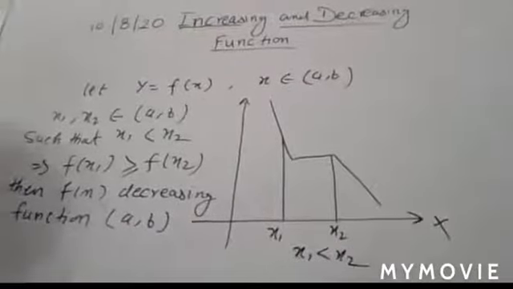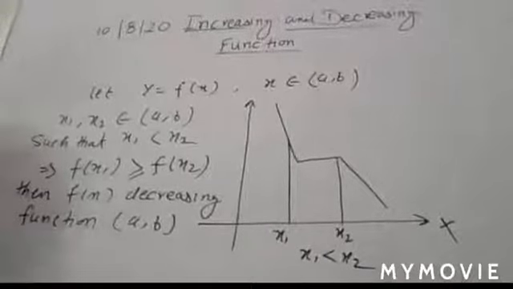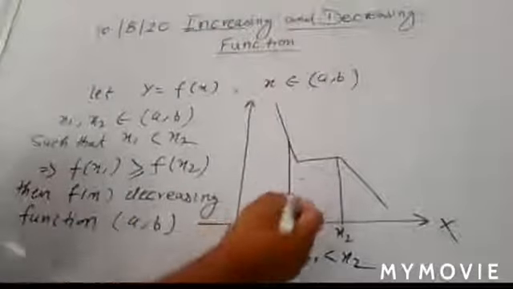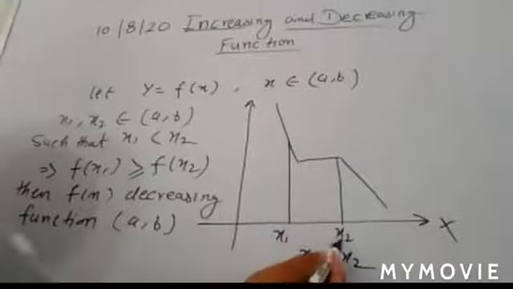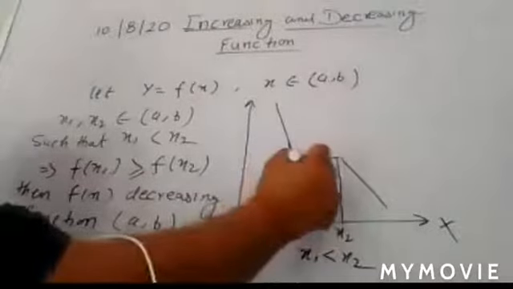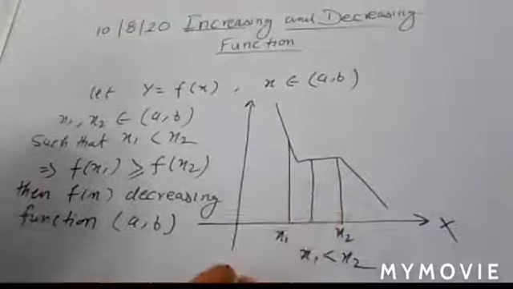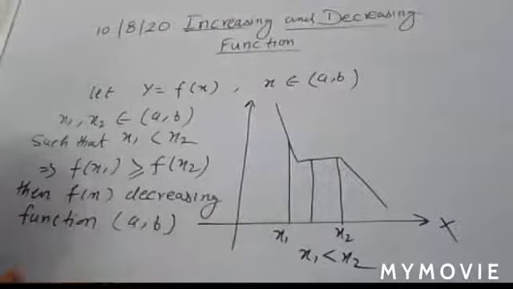Sir, if x1 is less than x2, then why are we taking f(x1) greater than or equal to f(x2)? Here I take points x1 and x2, but there is a possibility that in that interval there are some points at which the values of f(x1) and f(x2) are equal.